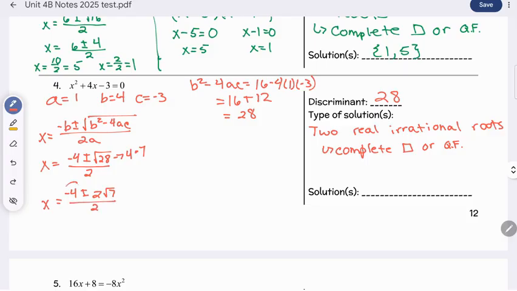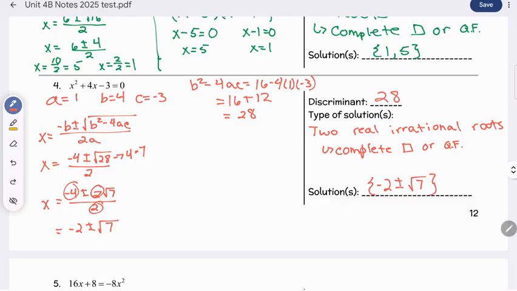All of these are divisible by 2, so we can simplify. This is going to give me negative 2 plus or minus 1 times the square root of 7. And this is all of the simplification that I can do in this problem. So our solutions are going to be negative 2 plus or minus the square root of 7.